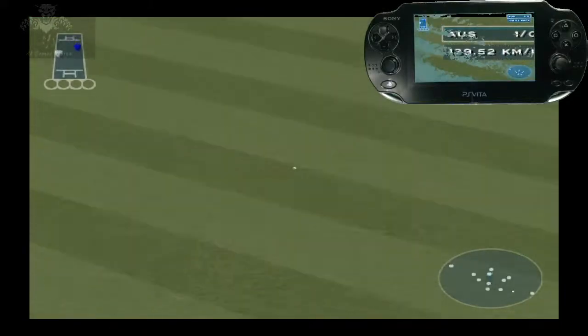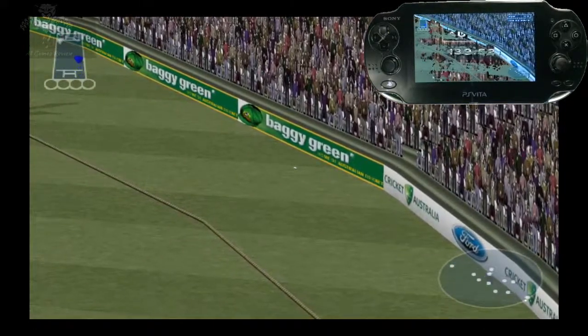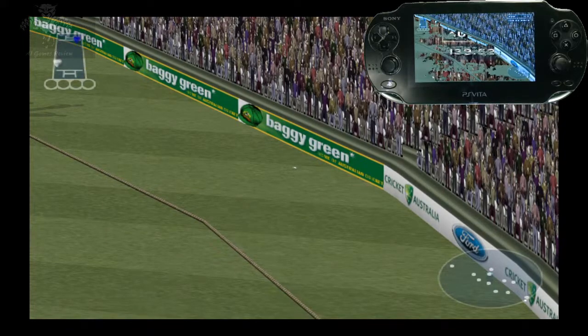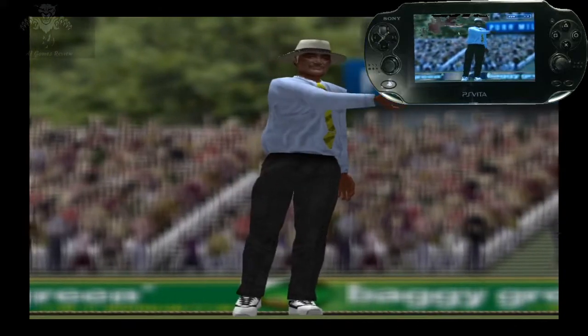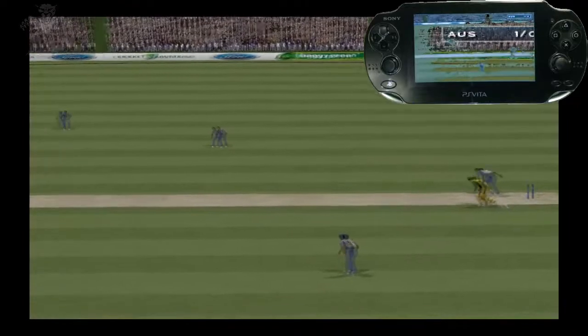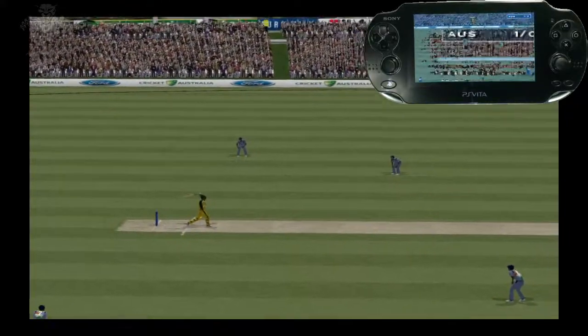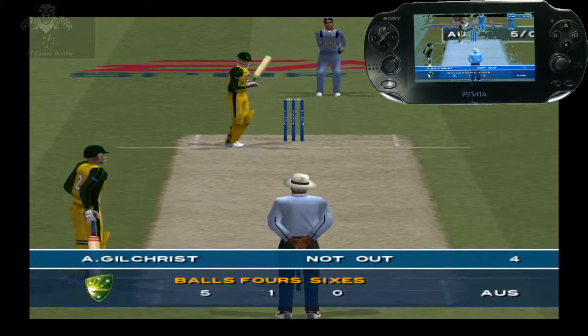Got that one over the infield and away for 4. That's the first boundary of the innings for Australia. Fish, but safe enough for a run. Gilchrist facing.